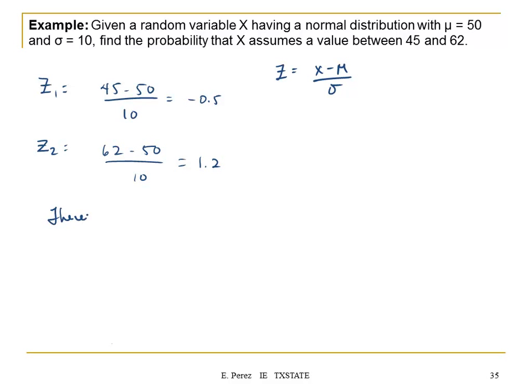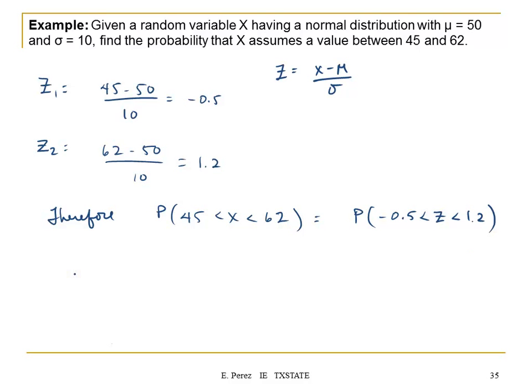Therefore, the probability of having x within 45 and 62 equals the probability of z between negative 0.5 and 1.2. Okay, so this is a transformation. We're going from one probability to the probability using the random variable z.